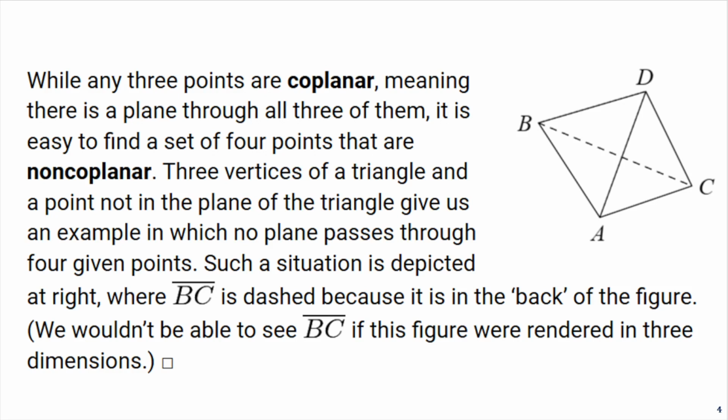Such a situation is depicted at right, where segment BC is dashed because it's in the back of the figure, right? In other words, we wouldn't be able to see segment BC if this figure were rendered in 3 dimensions.